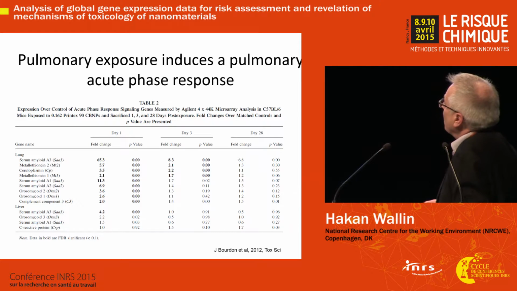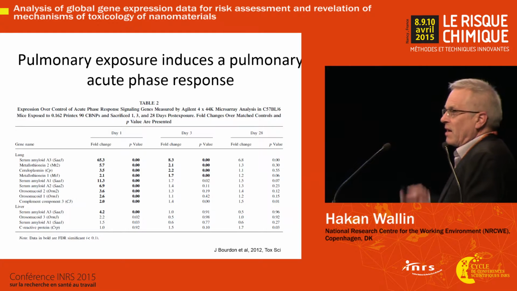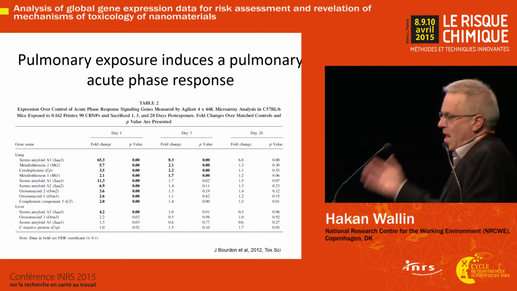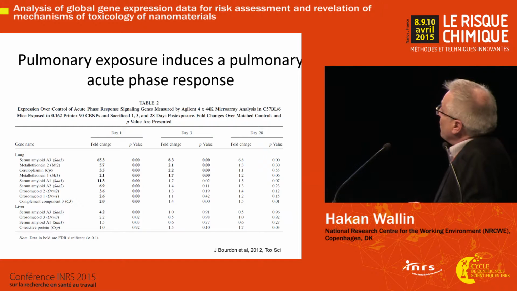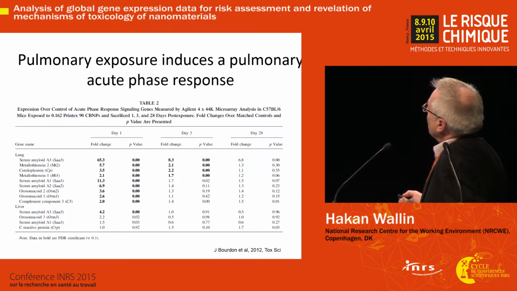So early on, we have actually looked at the axis of IL-6 and the expression of SAA in liver, and we were surprised to see very subtle or no effects in the liver. And we didn't really look at the lung, but when we did the global gene expression, we found that the serum amyloid A3, so this is the major species that is expressed in the mouse outside the liver, is the most changed gene in the lung.